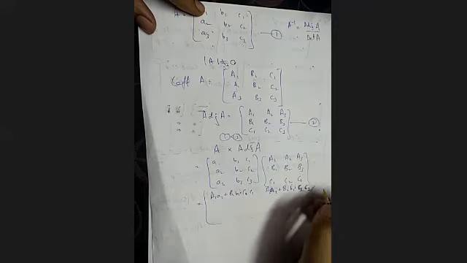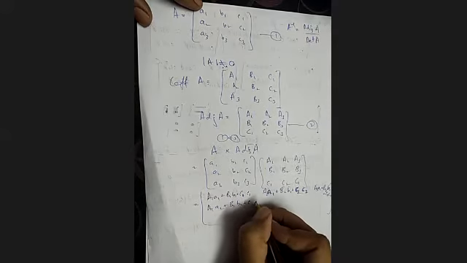Then row into column: small a1, capital A2, plus capital B2, small b1, plus capital C2, small c1. Then row into column: A1 into A2, B1 into B2, C1 into C2.